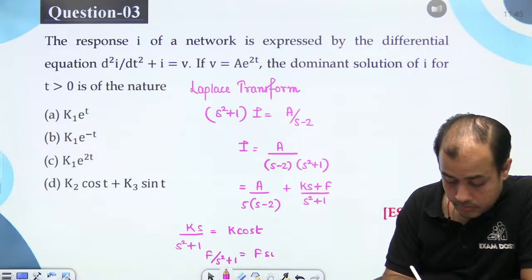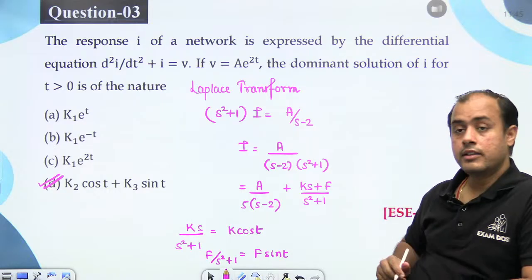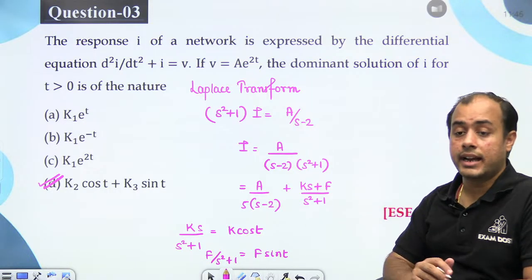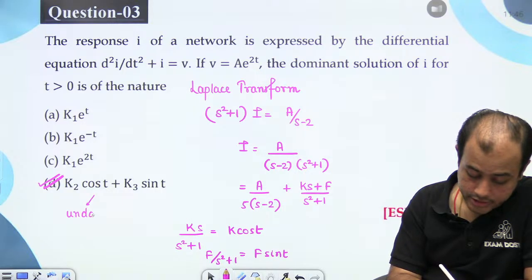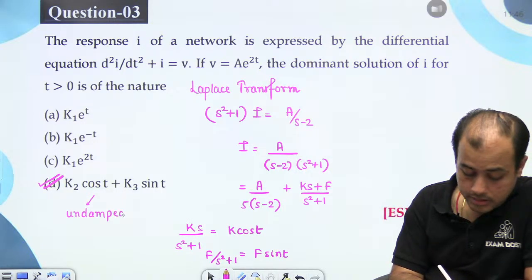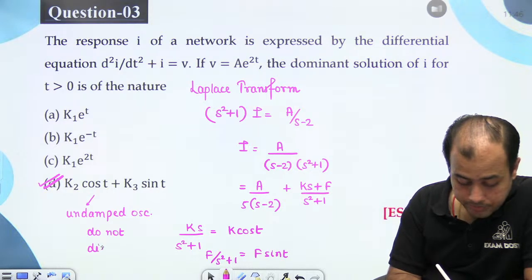So this will be the dominant solution? Why? Because it does not die out. These are undamped oscillations, they do not die out. तो डोमिनेटिंग वो होगा ना बेटा जो खत्म ना हो.